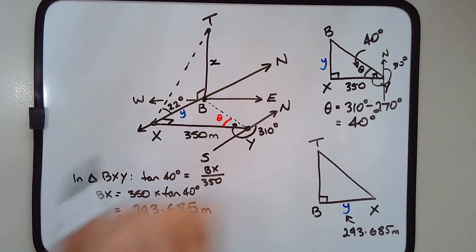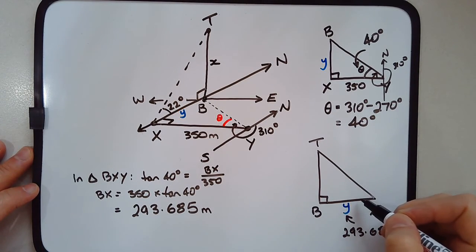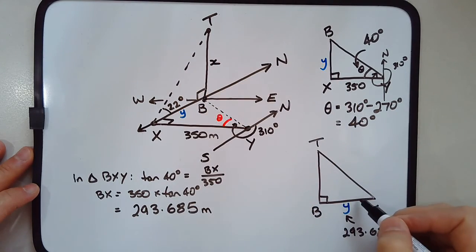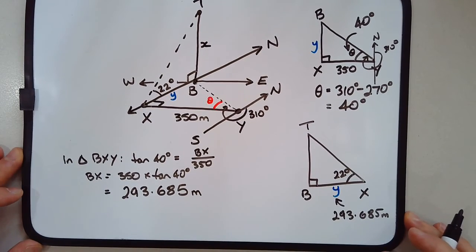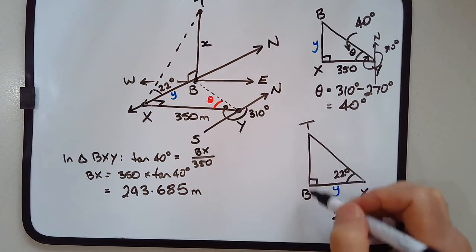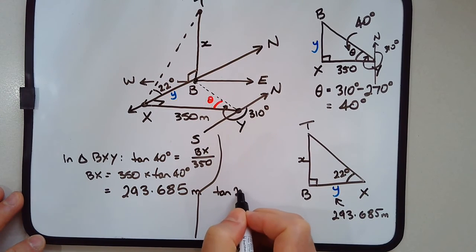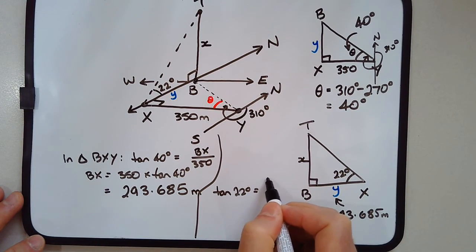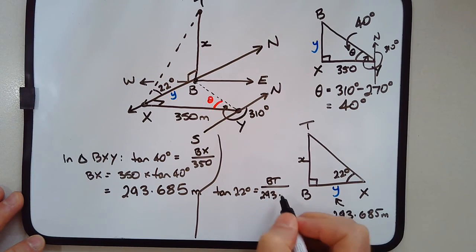Now we can use BX to find the height of the building. We have angle TXB, and that's 22 degrees. Now we can find BT, which is the height of the building. Again, we can use the tan ratio here. So tan 22 degrees is equal to BT over 293.685.